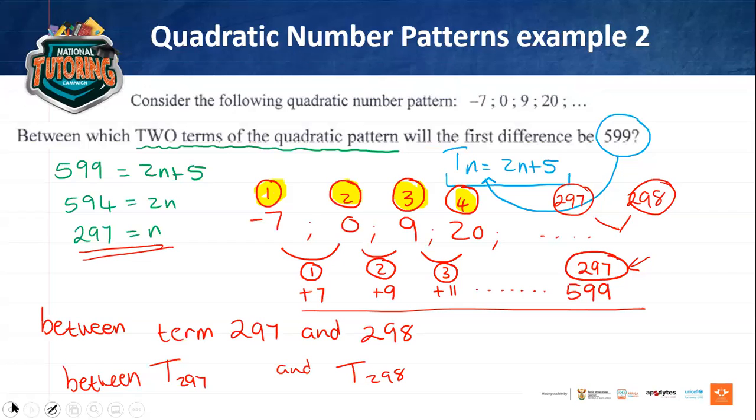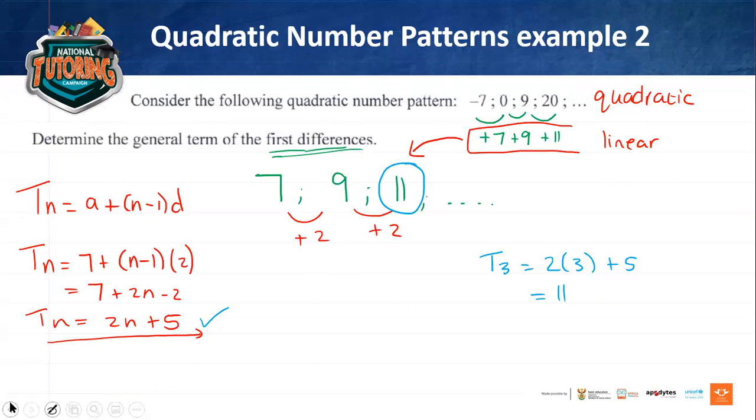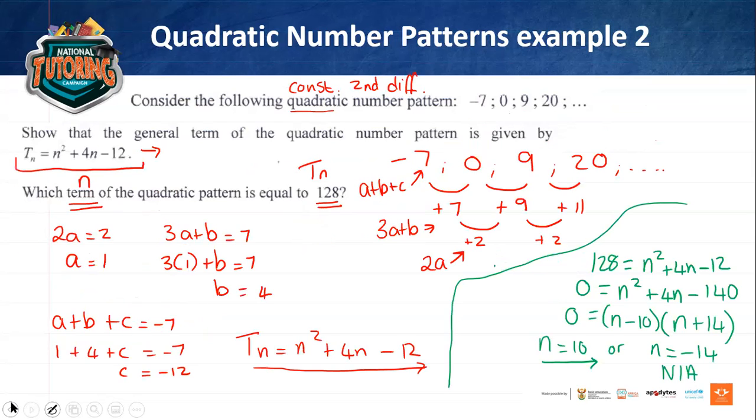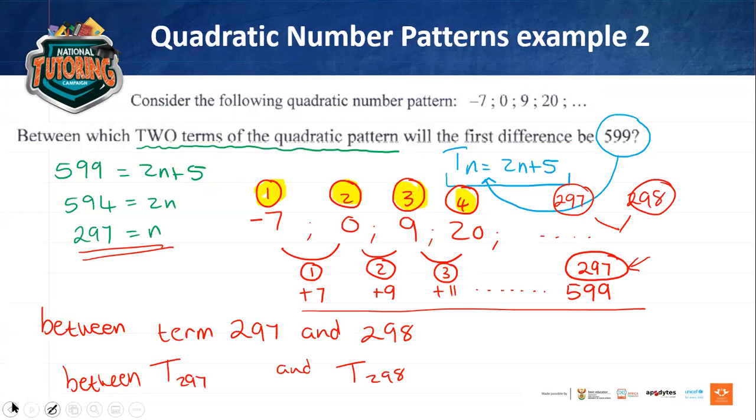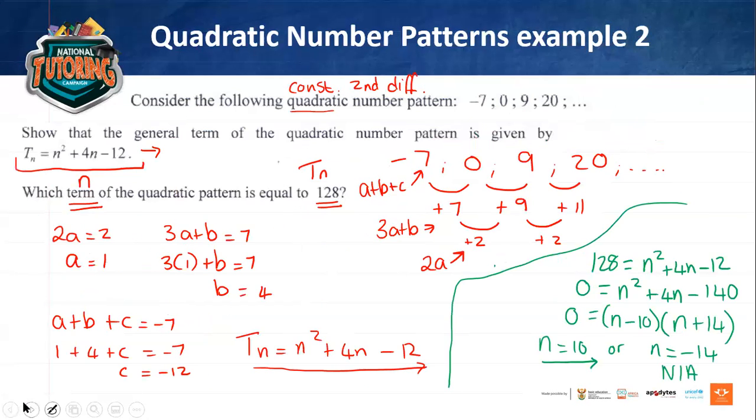Okay, so let's use our general formula, which we had over here, which was n squared plus 4n minus 12. We worked that out previously. We're still dealing with the same pattern. N squared plus 4n minus 12. Just check that's correct. Yep.